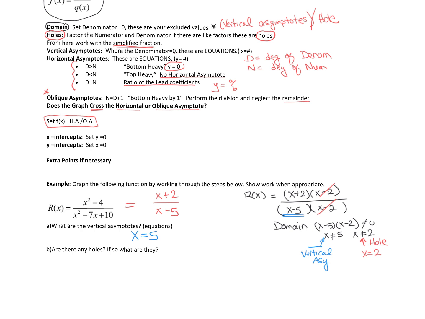The hole, we know if x is 2, then r of 2 in our reduced form, right here, is going to give us 4 over negative 3. So our hole is at the point 2, negative 4/3.